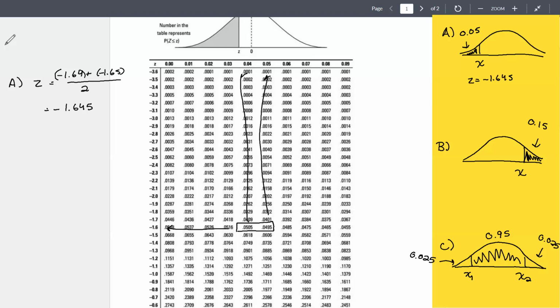So for dogs, remember that the mean lifespan of a dog is 13.42 with a standard deviation of 2.36. So the age that splits my bottom 5% of dogs' lifespans is going to be 13.42 plus my z-score of negative 1.645 times my standard deviation of 2.36.